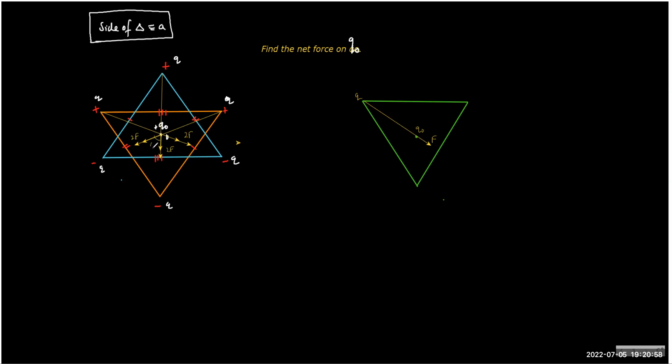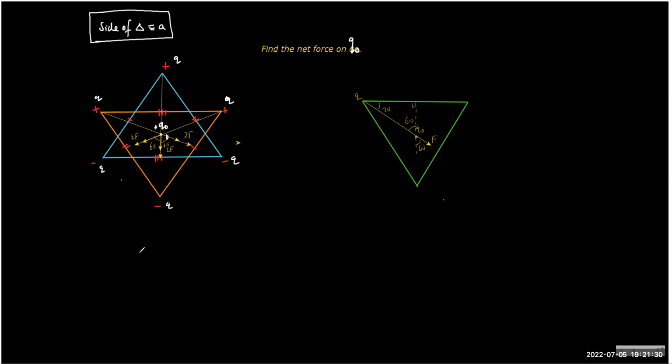It is 60 degrees. Not difficult to imagine. This is angle bisected, 30. This is 90, and this is 60. Now this is clear.